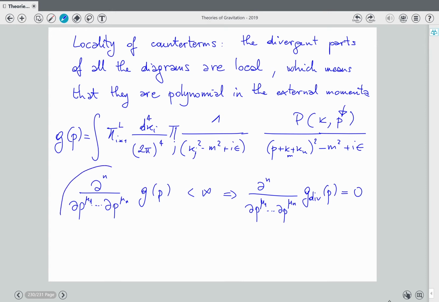So when you differentiate your integral a certain number of times, it is said to be overall divergent, which means that when all the internal momenta k squared go to infinity, it will be divergent. But still there is the problem of subdivergences, so-called, when only some of them go to infinity.